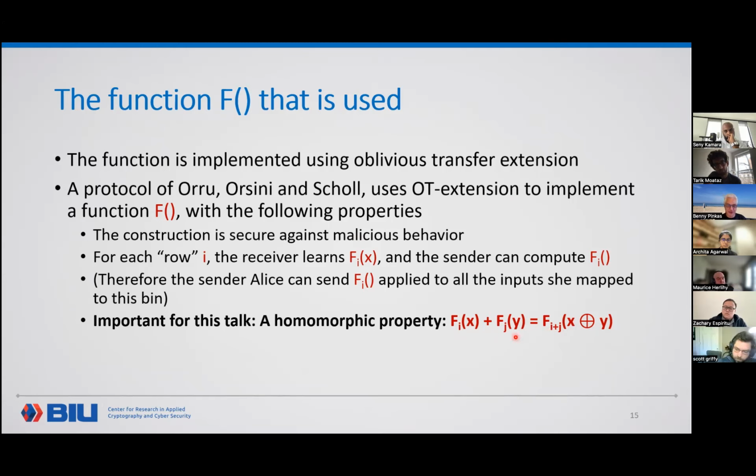And i plus j is larger than the number of rows, but you can define a key for that, like f with the sum of the keys applied to the sum of the inputs. I'm not going to describe how this works, but this is what we're using.